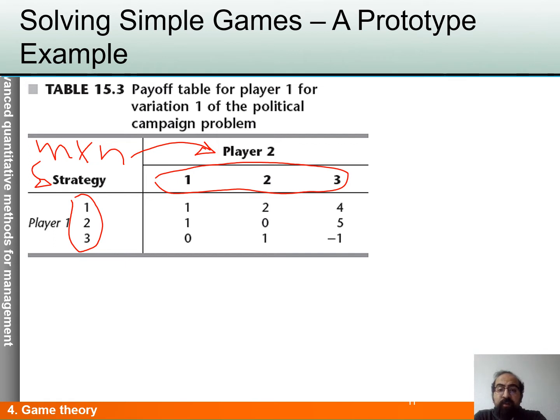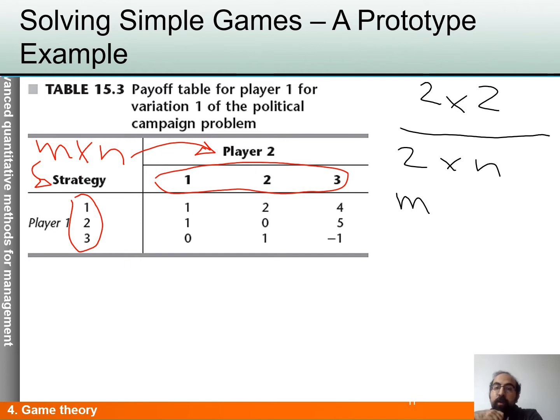Okay, so we can classify our results into 3 different groups. First, we have an example of 2 multiplied by 2. In this case, as I told you, we can apply an algebraic solution that we see in the next slides. Or the size of the table is 2 multiplied by n, or m multiplied by 2.